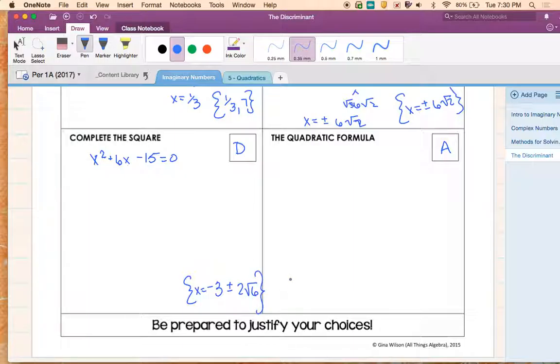That's your solutions for that one. And the last one, quadratic formula, was for A, x squared minus 9x plus 21 equals 0. And if you use the quadratic formula, you will get x is equal to 9 plus or minus i root 3, all divided by 2. Okay?